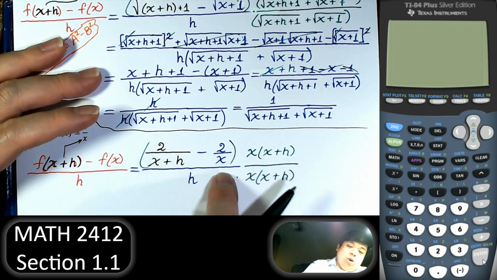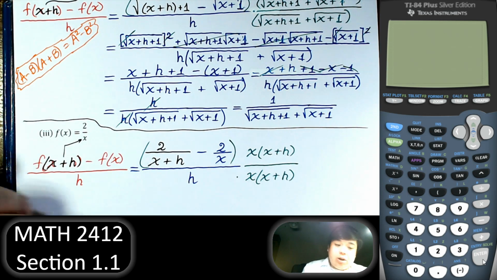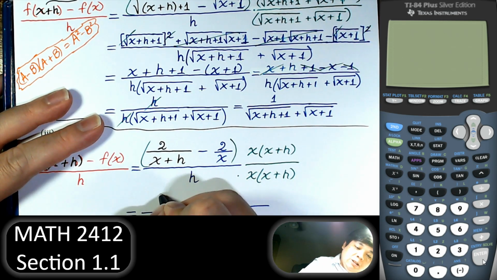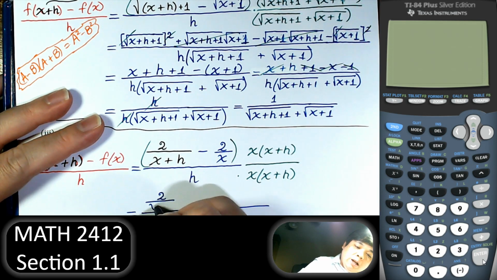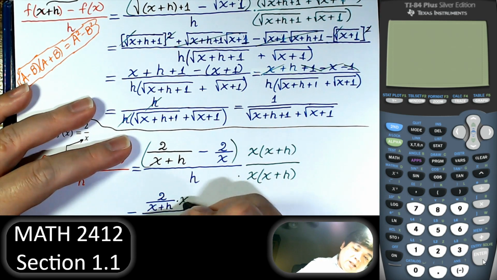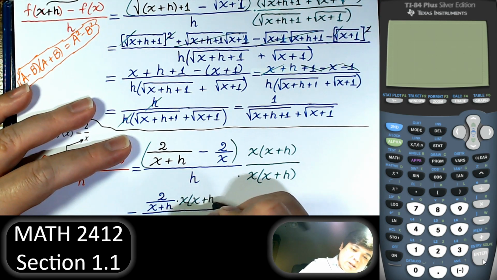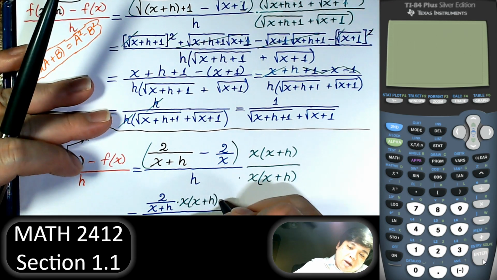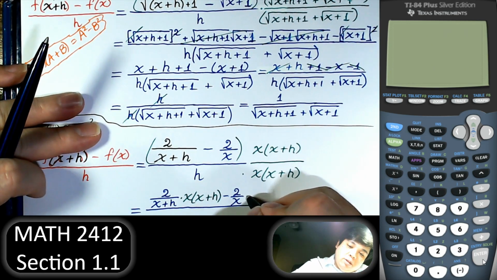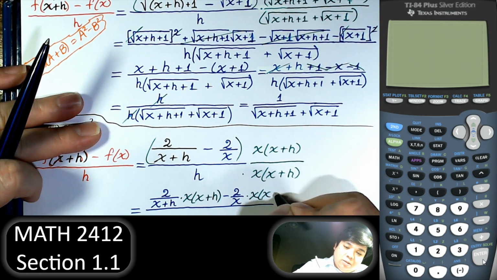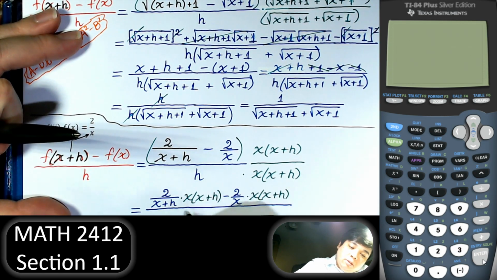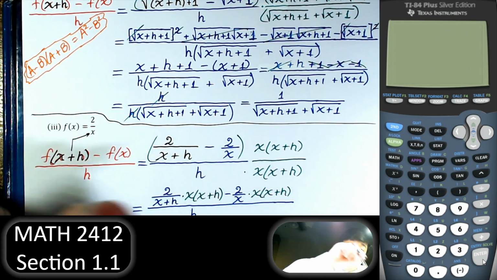We multiply that to every term: x plus h, and then we'll multiply x plus h minus 2 over x times x plus h, because we multiply to the bottom as well.